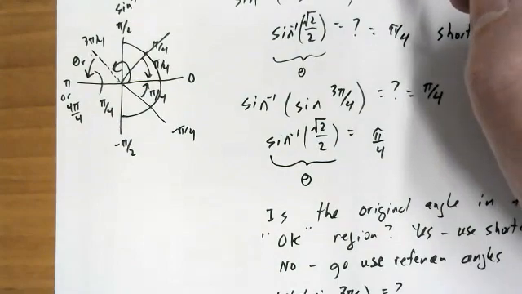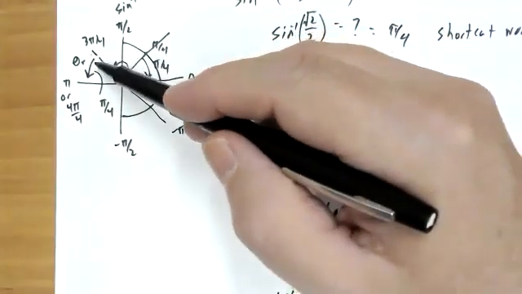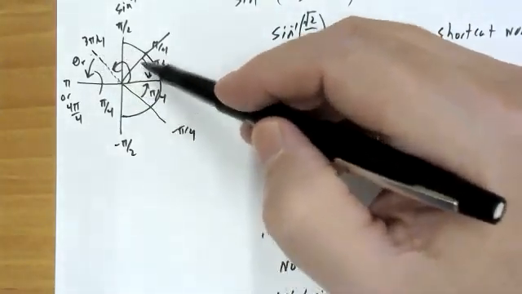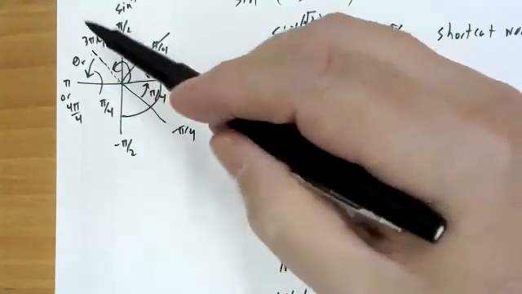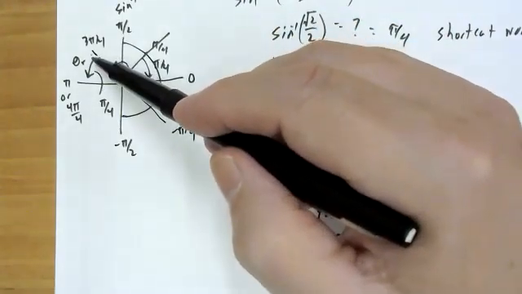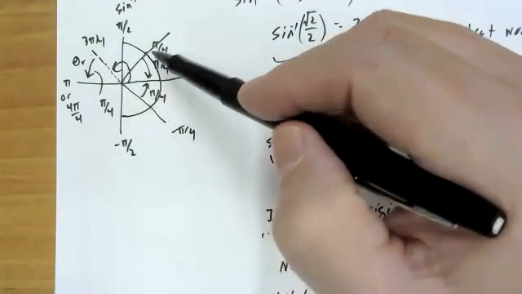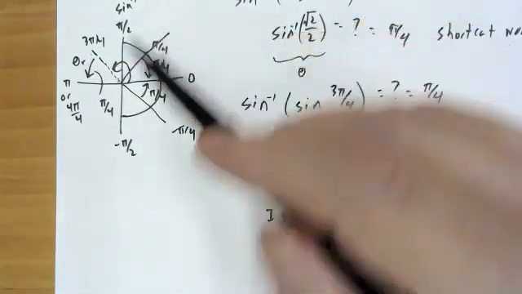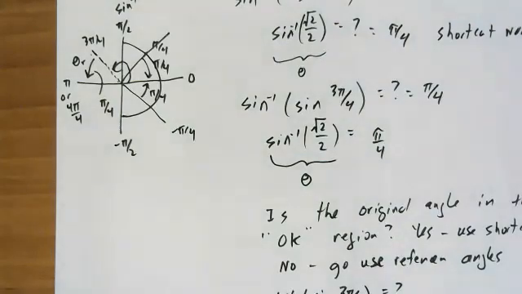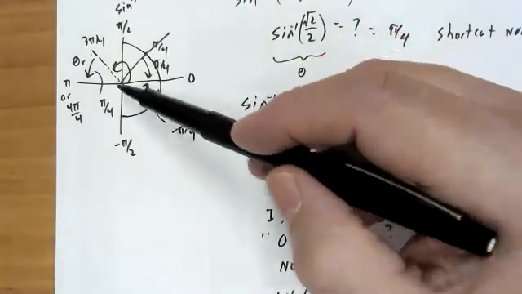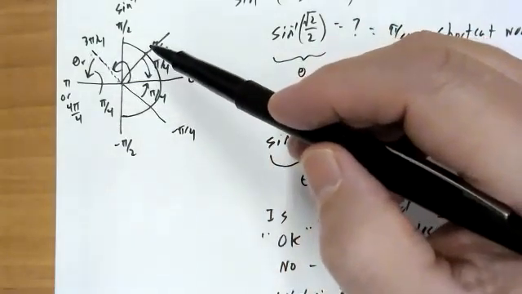Since my original angle is outside of the allowed region, it gets converted to one of these reference angles. One of these reference angles is going to give me the correct answer for my original angle.